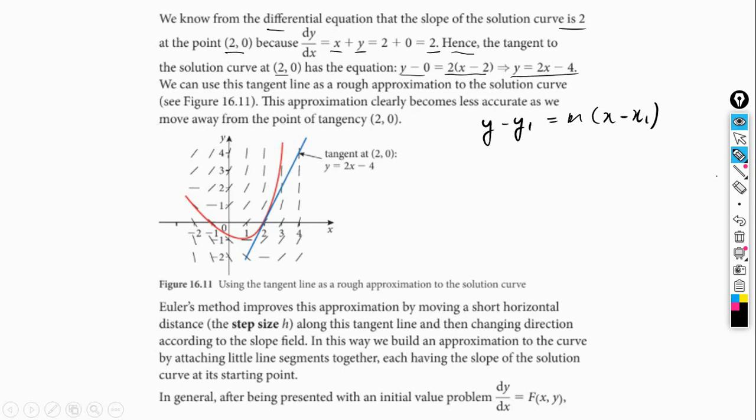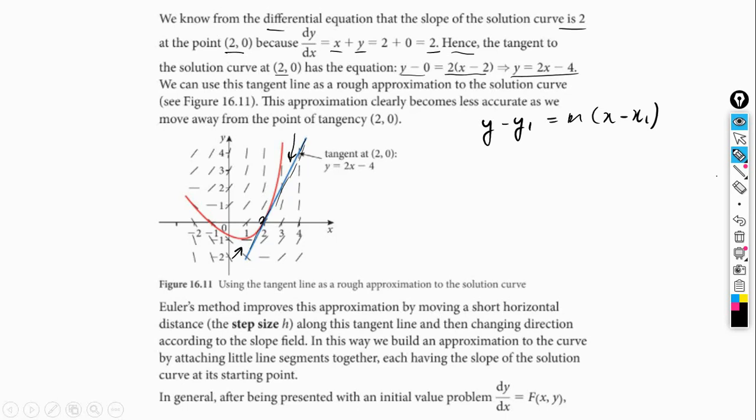We can use this tangent line as a rough approximation to the solution curve. See figure 16.11. Notice that this here is the tangent line at (2, 0). This approximation clearly becomes less accurate as we move away from the point of tangency. Notice that here it's very inaccurate, and here it's also very inaccurate.